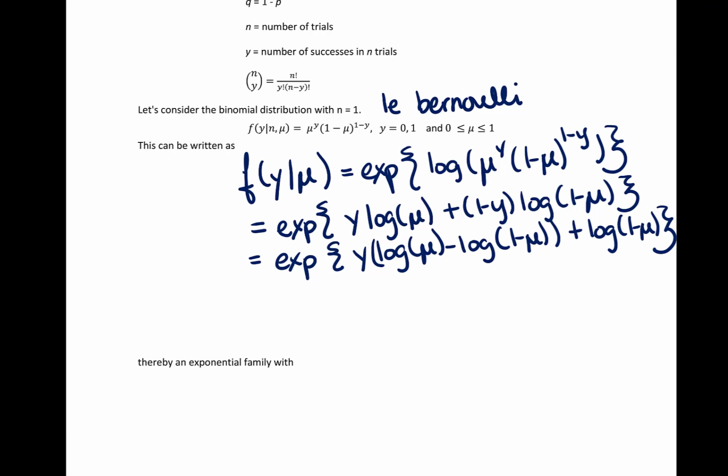And now that this is expanded, I notice that I have this term right here. And notice what this is: this is y times a function of mu. And then I have a function of mu out here. And I don't have a function that's just of y by itself.